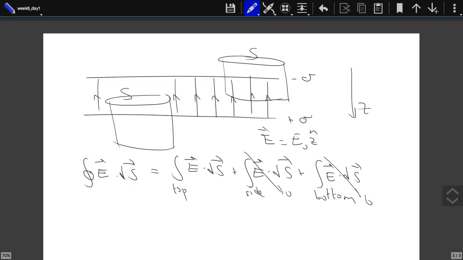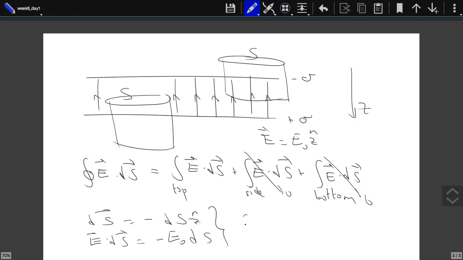What is E? Well, E is this one. What is ds over there? It's in the minus z direction. This is the magnitude, ds, so ds is minus ds z hat. Now, E dot ds is just minus E0 times ds.